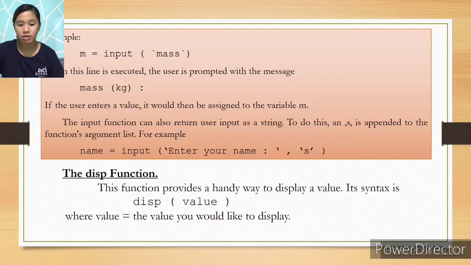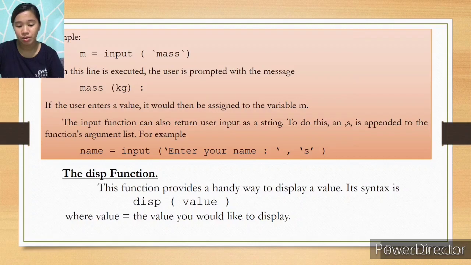When the line is executed, the user is prompted with the message "Mass (kg):". If the user enters a value, it will be assigned to the variable m. The input function can also return user input as a string. To do this, an 's' is appended to the function argument list.